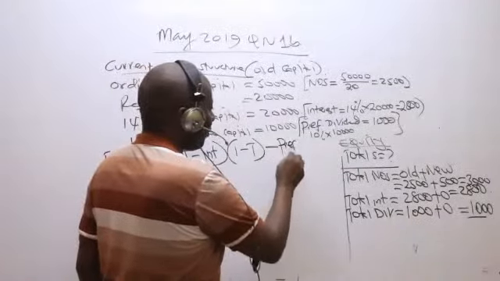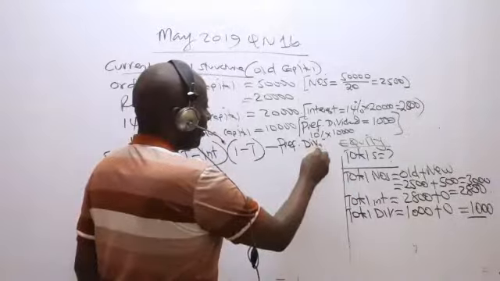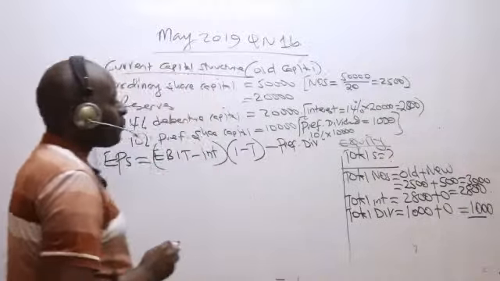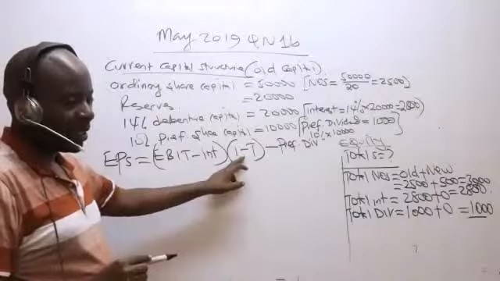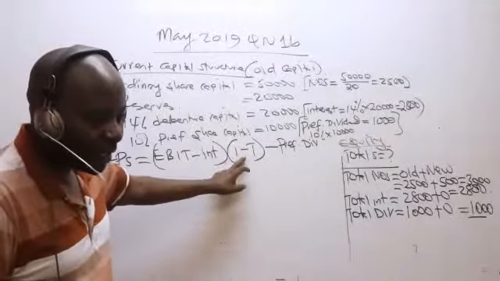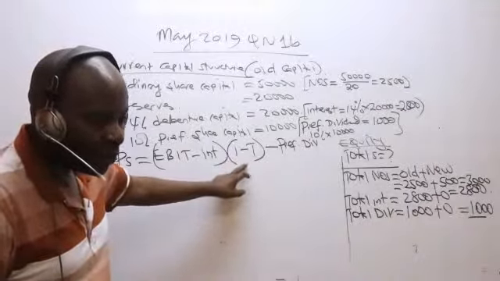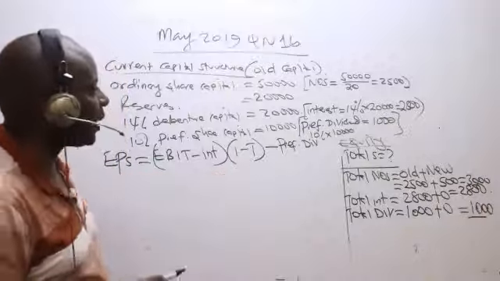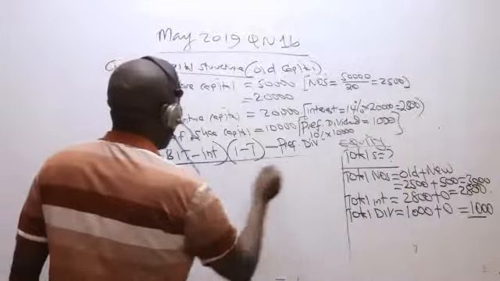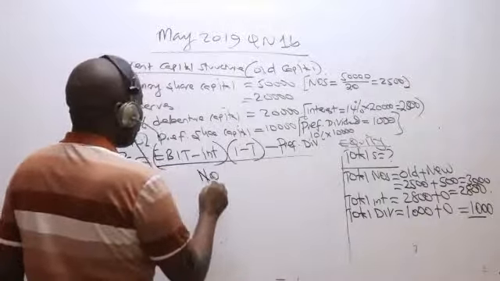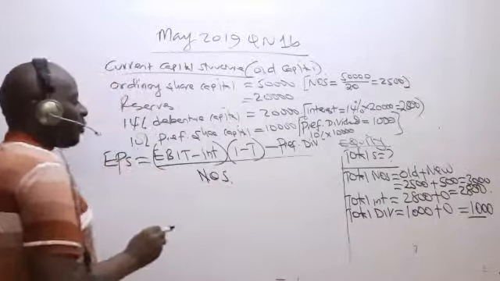We subtract preference dividends. Remember, preference dividends can never be taken into the tax bracket, right? So divide this by the total number of ordinary shares.